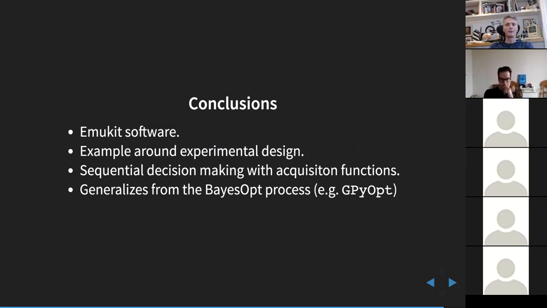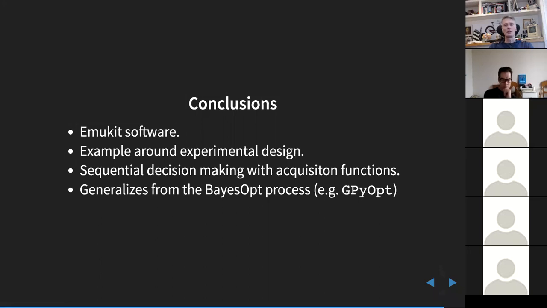And just to give some conclusions. What we've been doing today is introducing this software, EmuKit, that is taking all the hassle out of building these things away from you, but still requires you to define things like your surrogate model and allows you to bring in your knowledge to that surrogate model, by building certain covariance functions or whatever else.